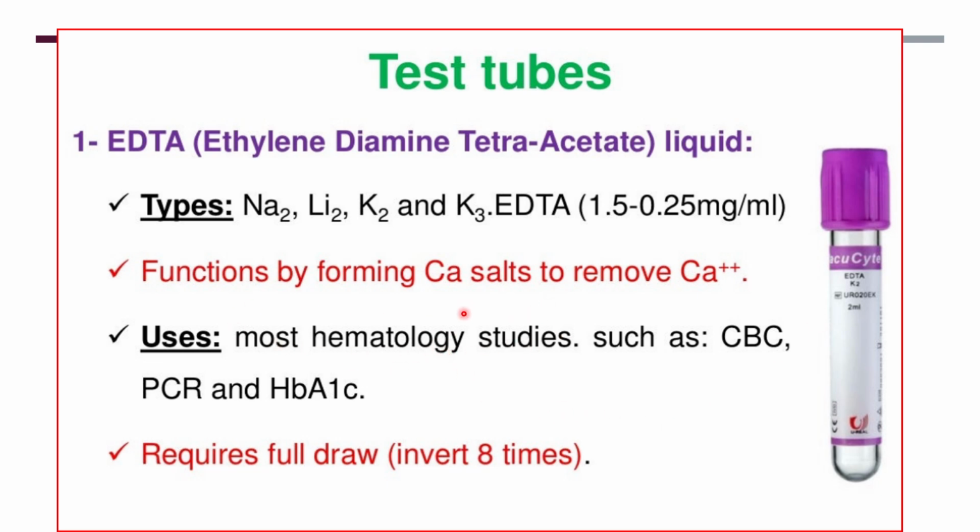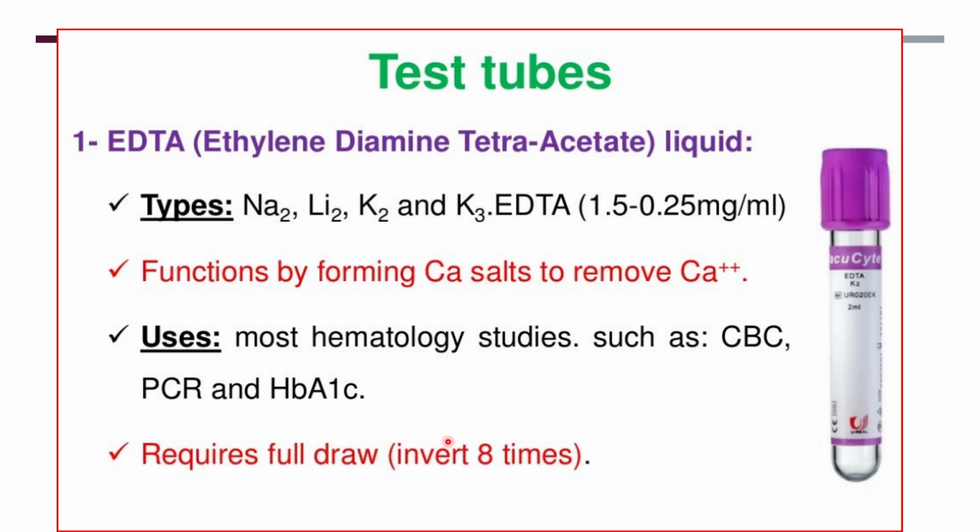So, in case you say hematological study, that means in most peripheral blood smears, then we can talk about CBC, then PCR, then HbA1c, all the tests related to hematology will be done using EDTA tubes.